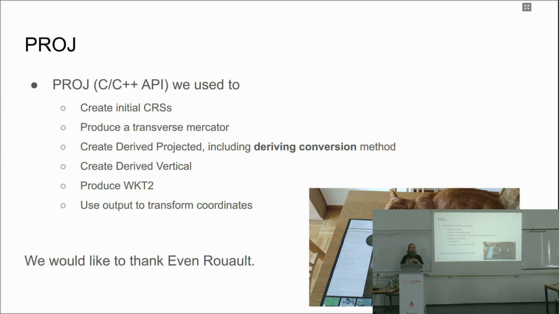So the input of our function was the site points and the points measured with the GNSS receiver, and also the coordinate reference system of the GNSS receiver, and the output was the definition of the CRS. And of course, we were using PROJ to do any transformation, to check the residuals and so on.